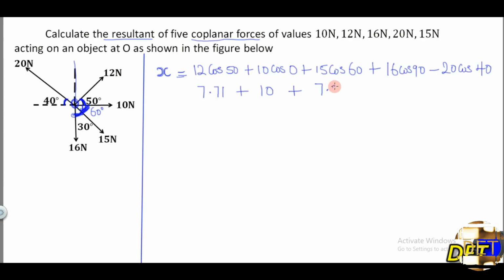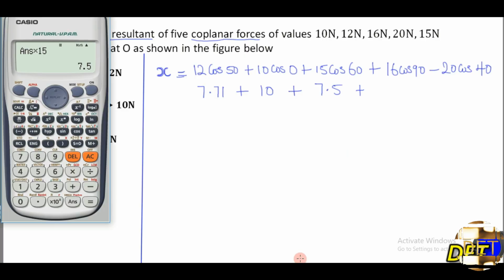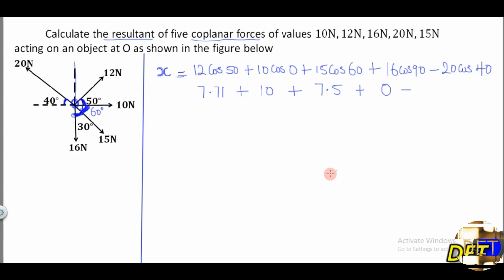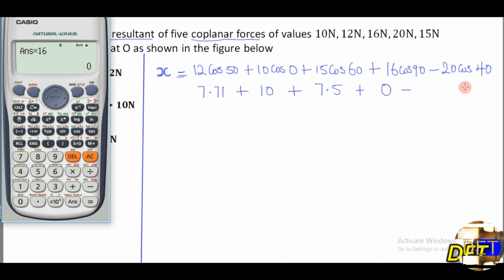So that will be 7.5 plus 16 cos 90. So cos 90 is equal to 0, times 16 is equal to 0. So that will be plus 0 minus 20 cos 40. So cos 40 times 20 is equal to 15.32. So minus 15.32.